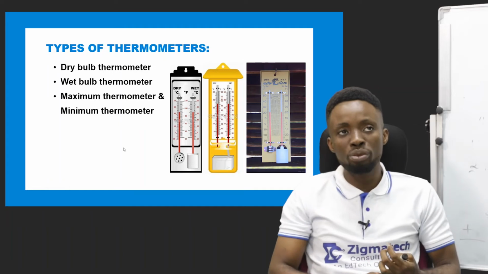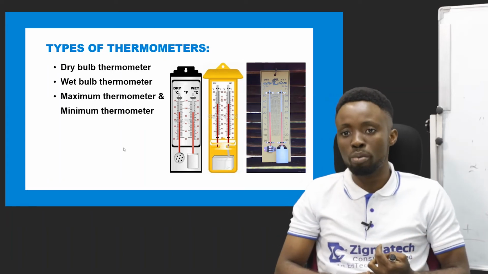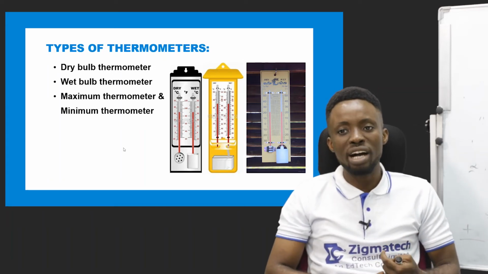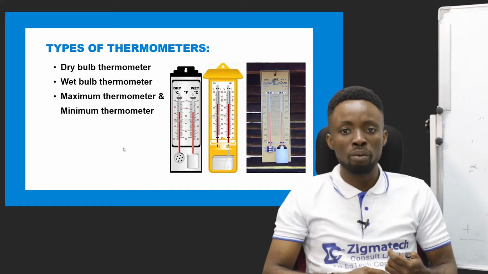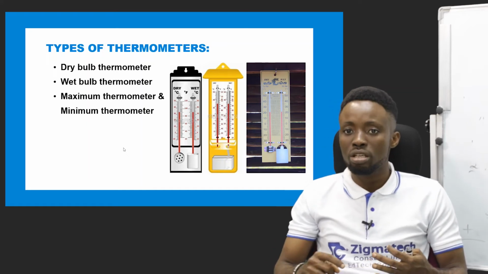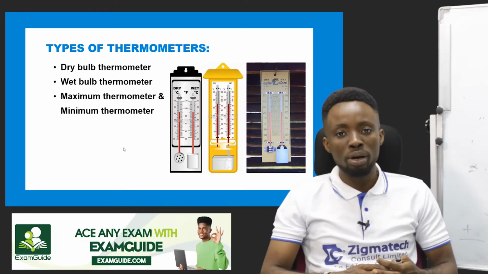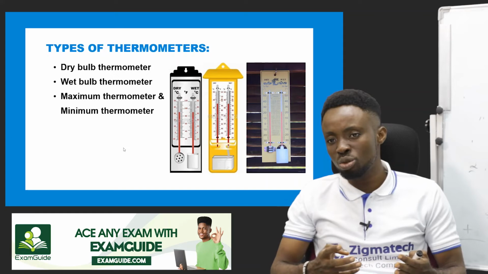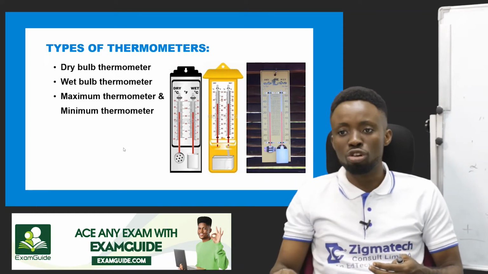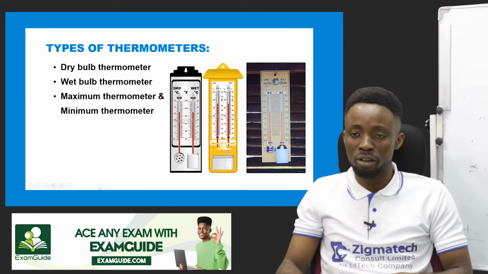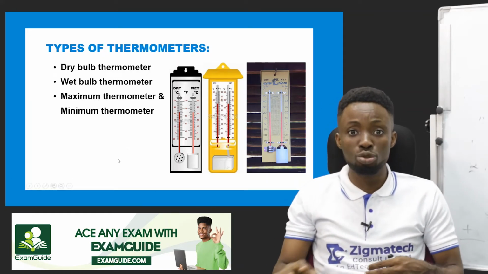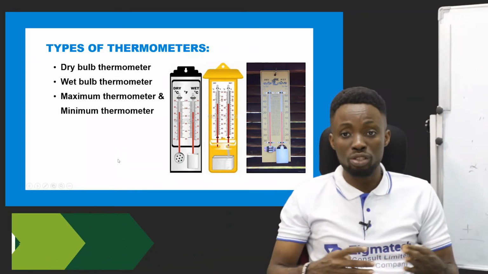So we have different types of thermometer. We have the dry bulb thermometer, and we have the wet bulb thermometer, and we also have the maximum and the minimum what? Thermometer, or you can call it the Six's thermometer. Now the dry bulb and the wet bulb thermometer are actually used to construct what we call a hygrometer. A hygrometer is used to measure the humidity of a particular place.